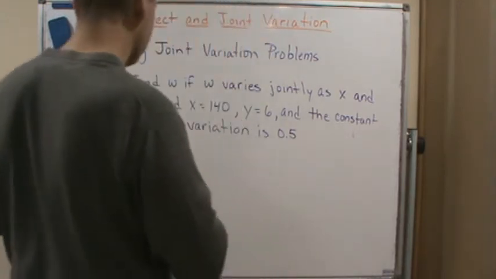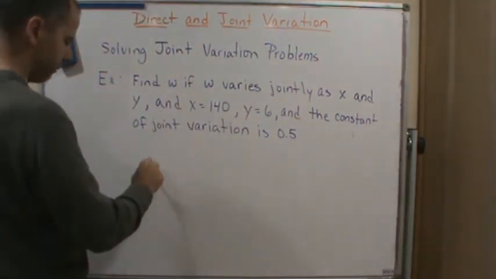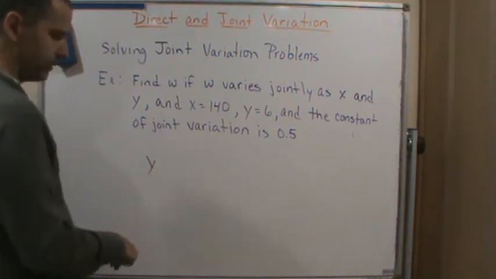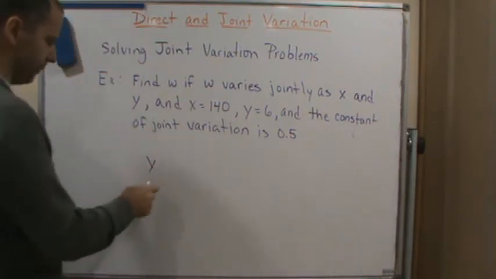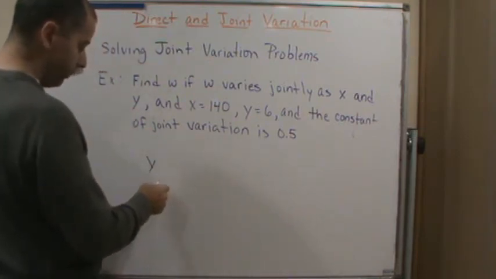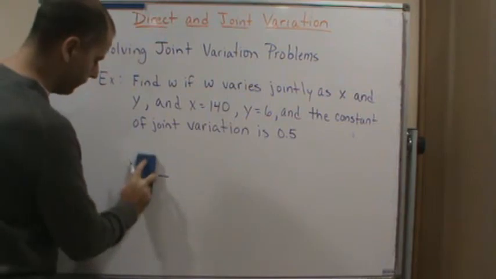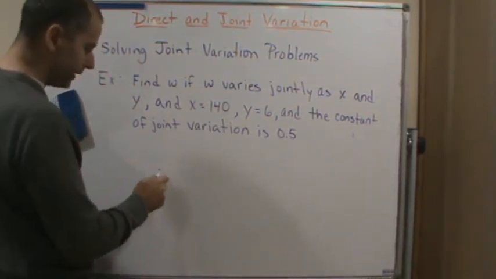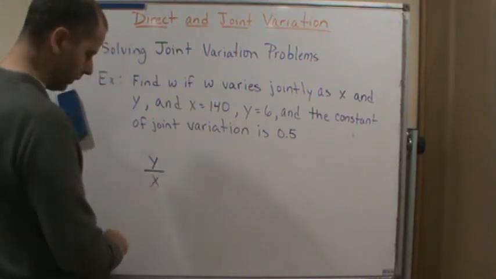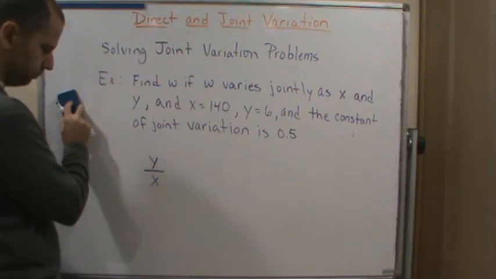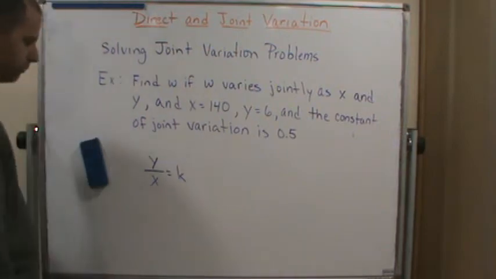So if I have, for example, y as it varies jointly as x and z, let's say, then I know that if it varies directly with x, then I know it has to have this, y over x is equal to k, right?